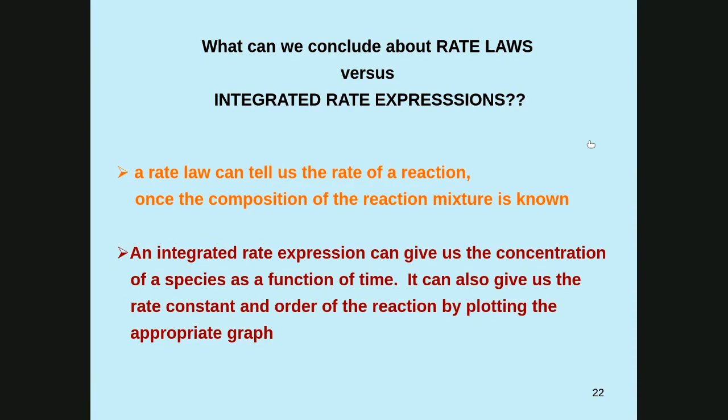The integrated rate expression gives you the composition of your reaction mixture at any future time, right? So that is where we need the technique of integration. And most importantly, it allows you to analyze your data in a form where you can extract a value for that rate constant and the order as well of the reaction, by plotting the appropriate graph.